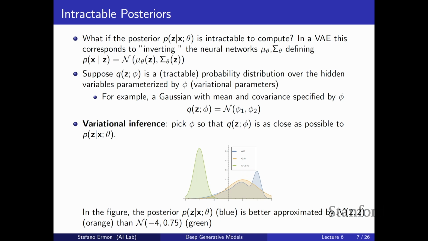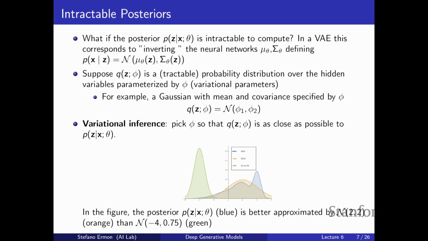And if you could choose the best approximation here, would you choose the orange curve, or the green curve corresponding to a mean at -4 and a standard deviation of 0.75? What it looks like is that the orange curve is better because it roughly has the shape of the distribution we want.